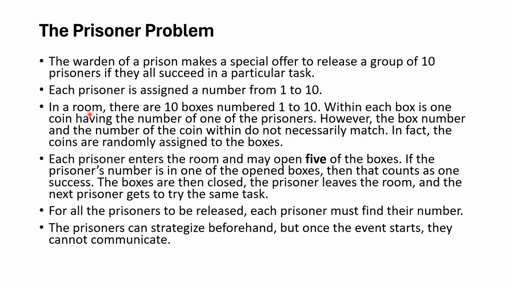They need to have 10 successes. It's like flipping a coin 10 times in a row and getting 10 heads in a row. So it's very unlikely to achieve this prison release without any particular strategy.